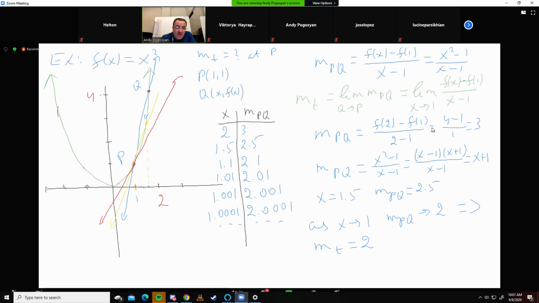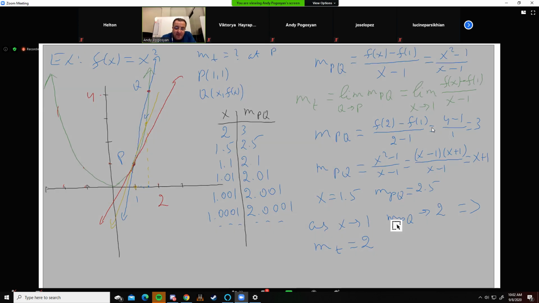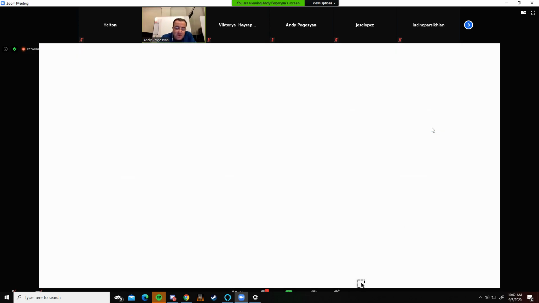Now let's do the velocity problem so that you can understand what I'm talking about. Let's assume you are in a car driving on a freeway, say from Glendale to North Hollywood.